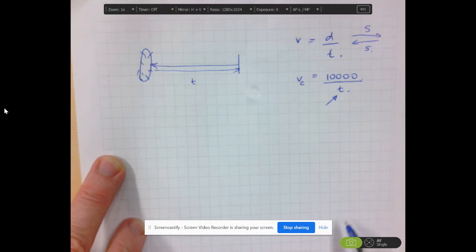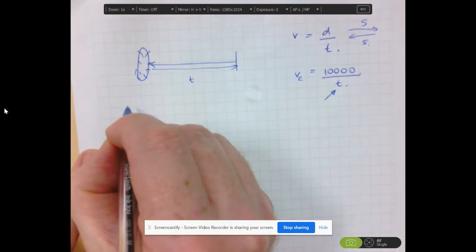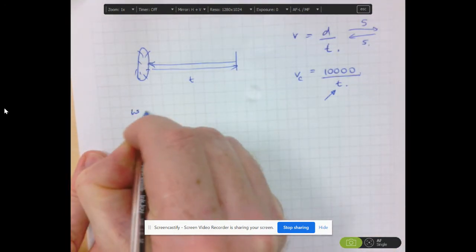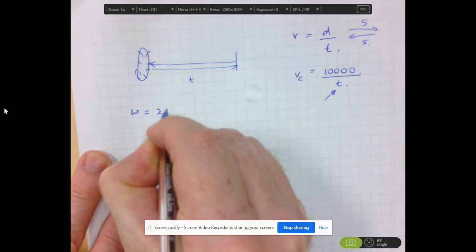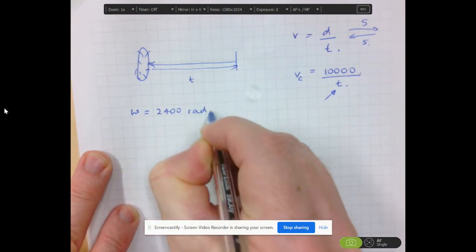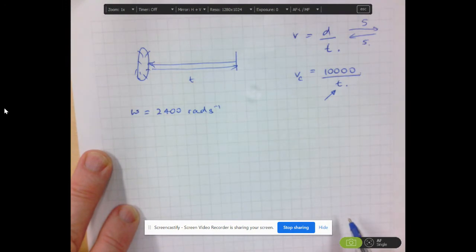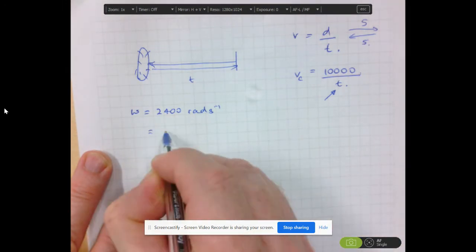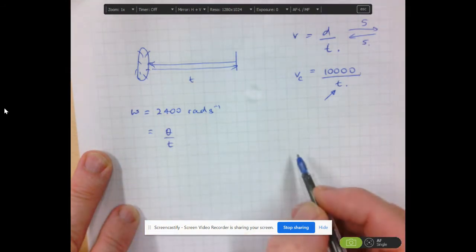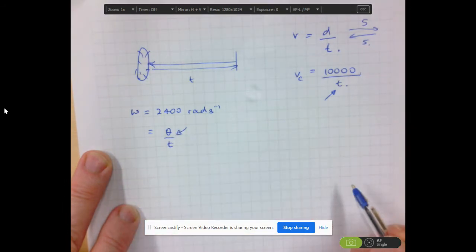The other information we're given is that omega is equal to 2,400 radians per second. And we know that omega is equal to theta over t, and theta is the minimum turn that is required for the blocking of the light.